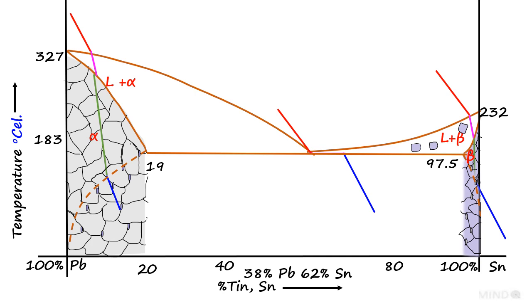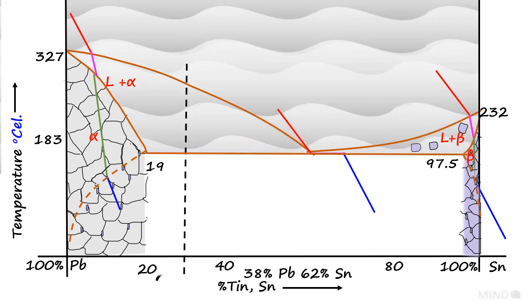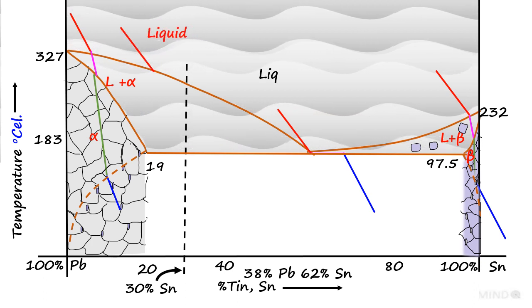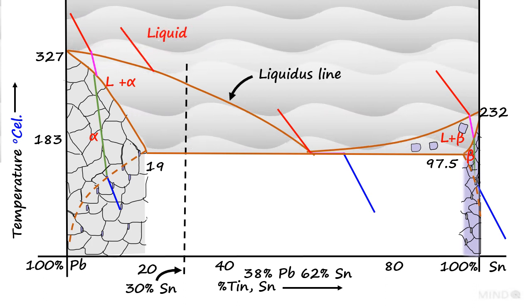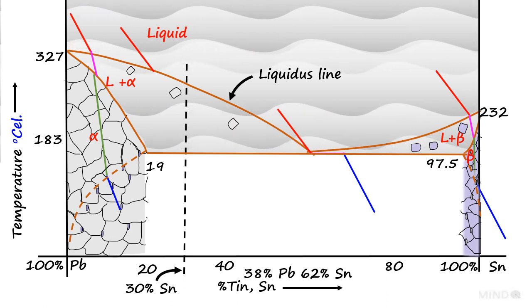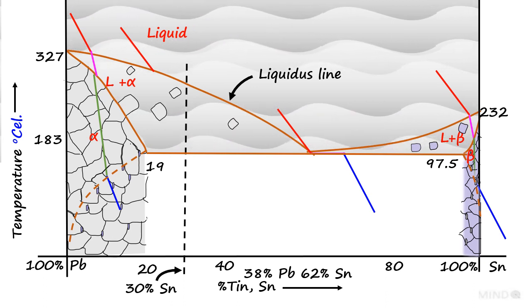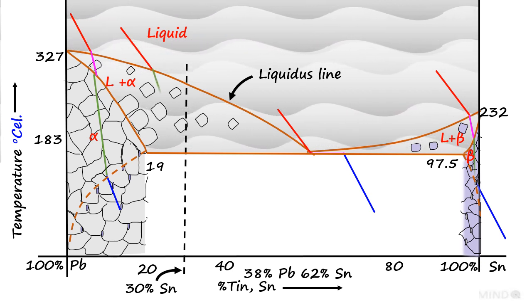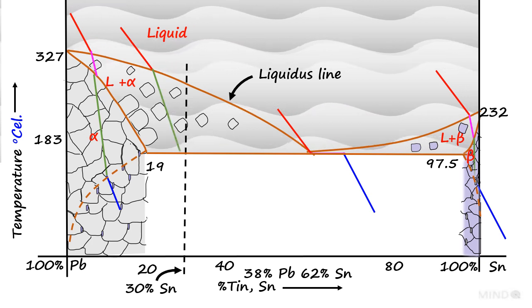When an alloy consisting of lead and tin with 30% tin is heated to liquid phase, then on cooling just below the liquidus line, solidification starts. Then crystals of alpha solid solution start forming. In the alpha solid solution, we have common crystals of lead and tin atoms, as tin and lead are soluble in each other.